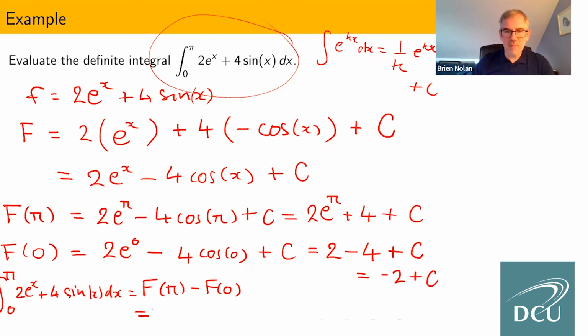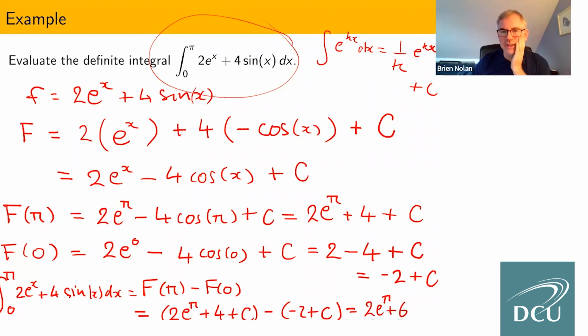So f at pi minus f at 0 is 2 times e to the pi plus 4 plus that constant of integration, minus minus 2 plus the constant of integration. So I get the result 2 times e to the pi plus 6. And the constants of integration cancel out there. I have c minus c.